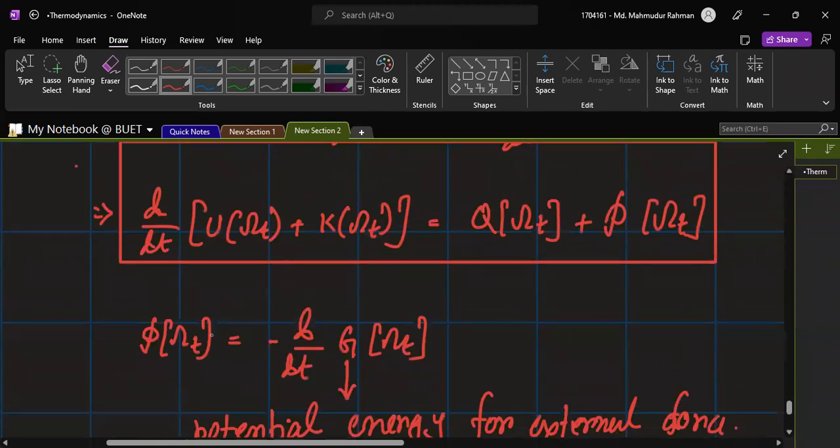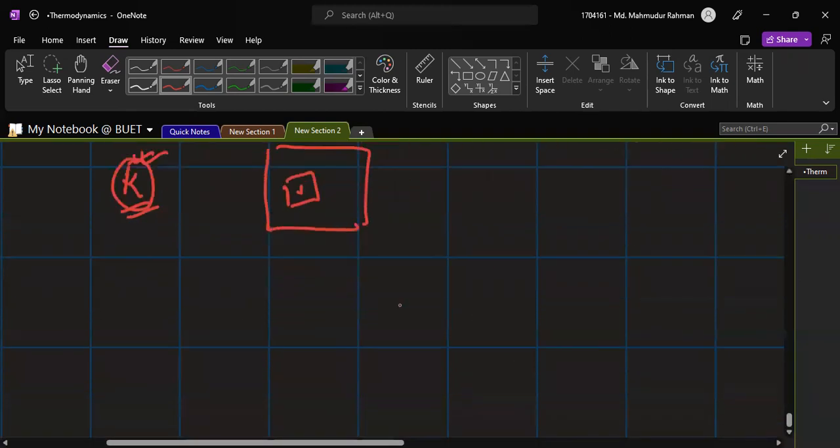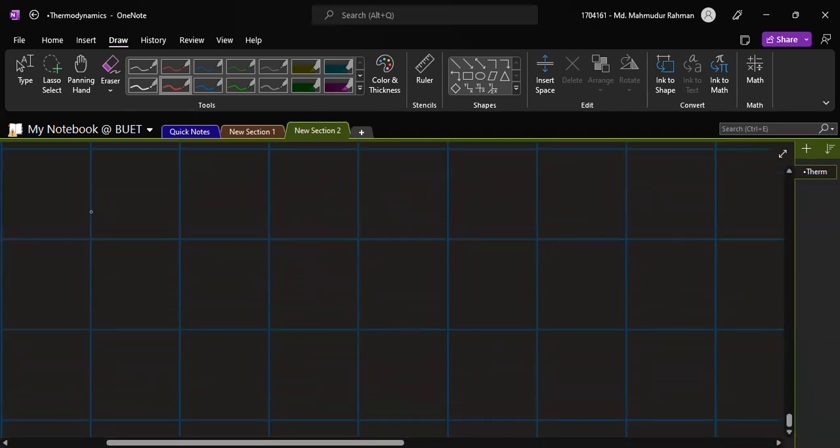So we're going to put this expression of P back into this equation here. For P, we're going to substitute d/dt of G, a potential associated with the external forces.